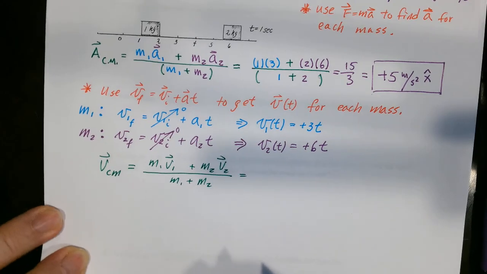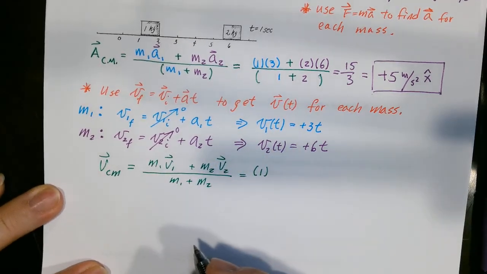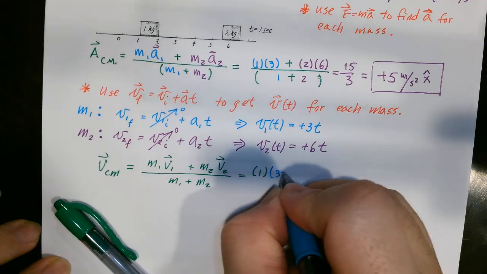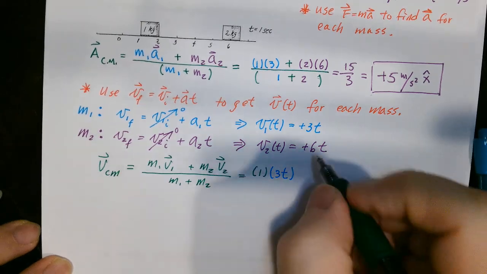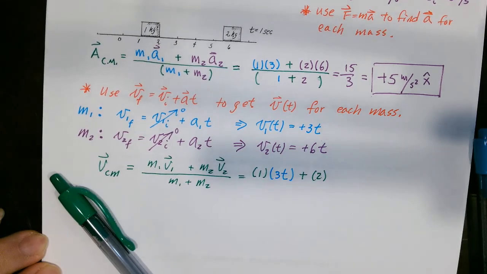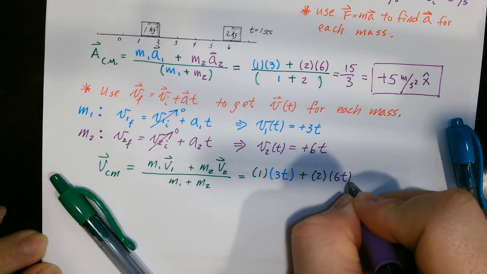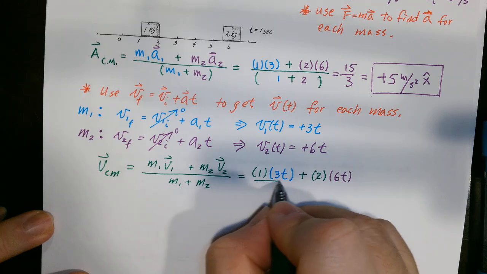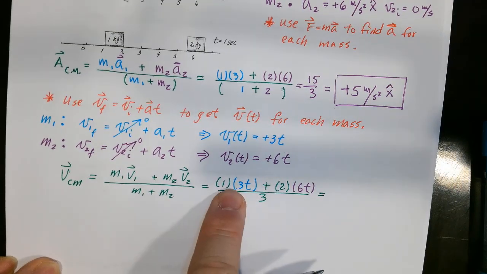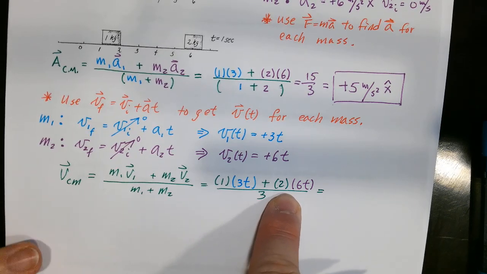Since I'm running out of time, I'm not going to change the colors here. So M1 is 1, right? V1 is basically 3t, right? Plus M2, which is 2, right? Times 6t, right? Whole thing over 3. Therefore, 3 plus 12, right?